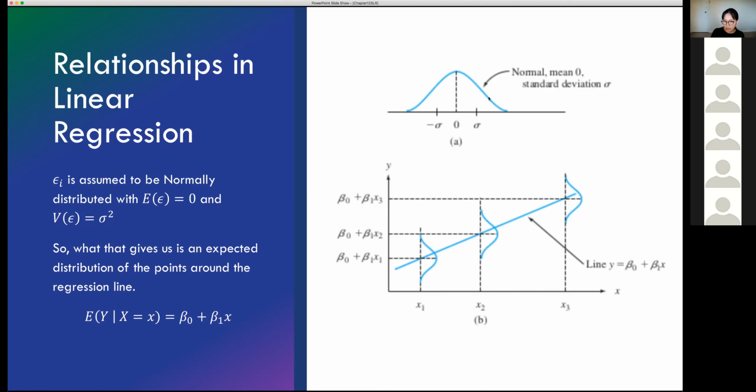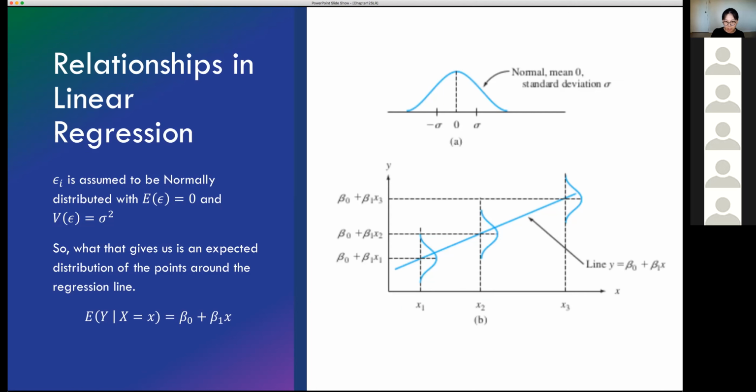And for this bell curve, we know the variance is sigma squared, so the standard deviation is sigma. So this is the relationship of that error: it gives us the randomness around this straight line.